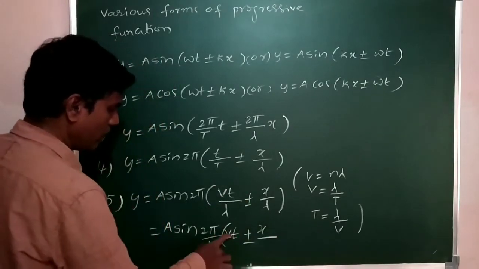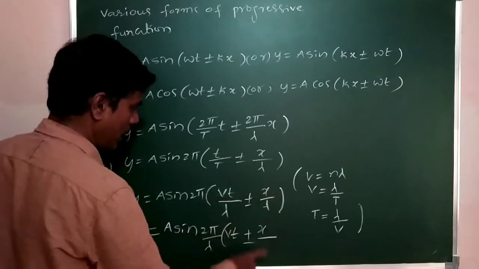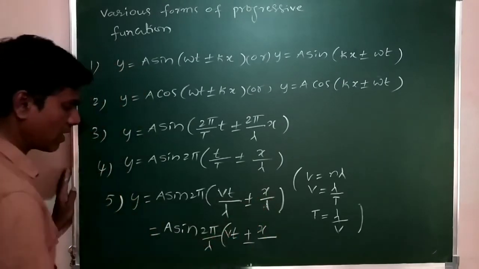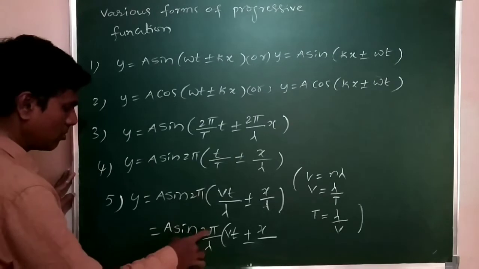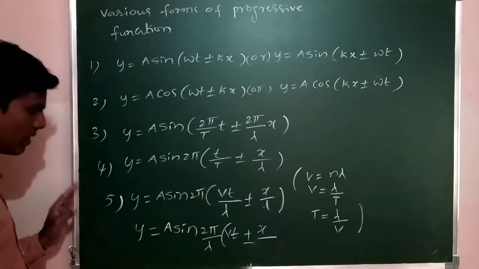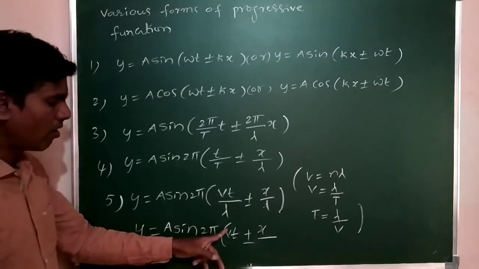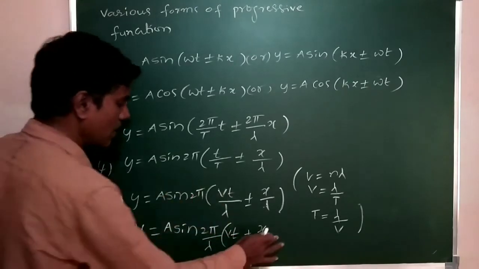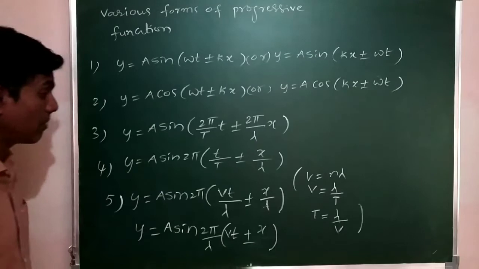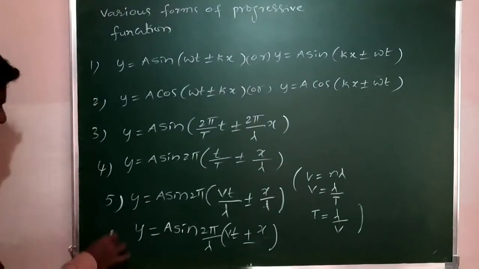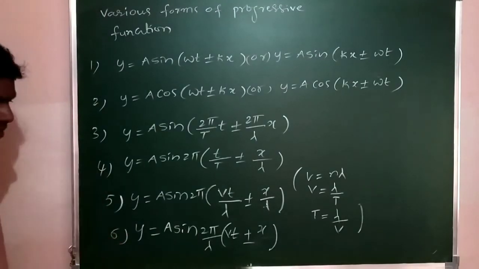Vt plus or minus only x, because the lambda is taken outside. So that's why 2 pi by lambda. So the wave equation is given by y equal to a sine 2 pi by lambda of vt plus or minus x. This is the sixth equation.